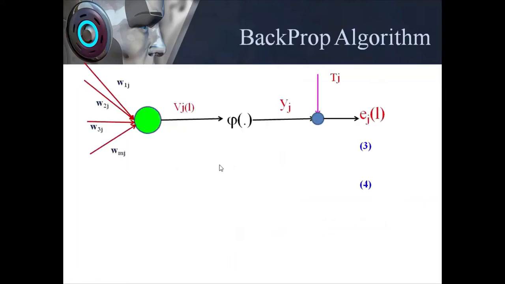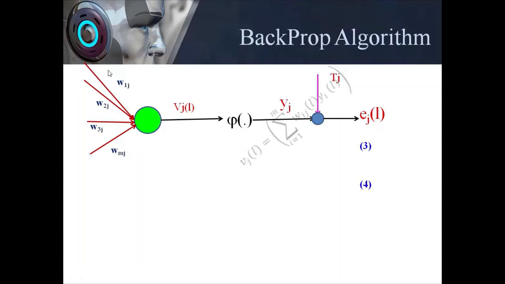So to understand this, let's see what we are now going to do. This green neuron represents my neuron in the output layer. Let it be the jth unit. Whatever is the input coming from the hidden layer units, each associated with a weight, my weighted sum is given by this Vj. L is for the lth pattern which has been applied.